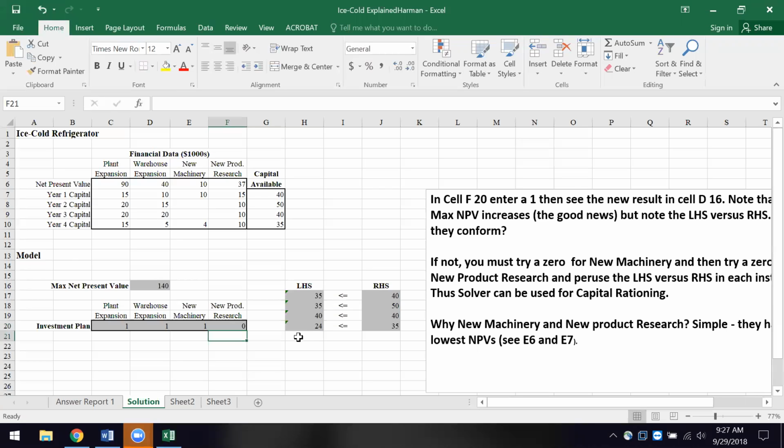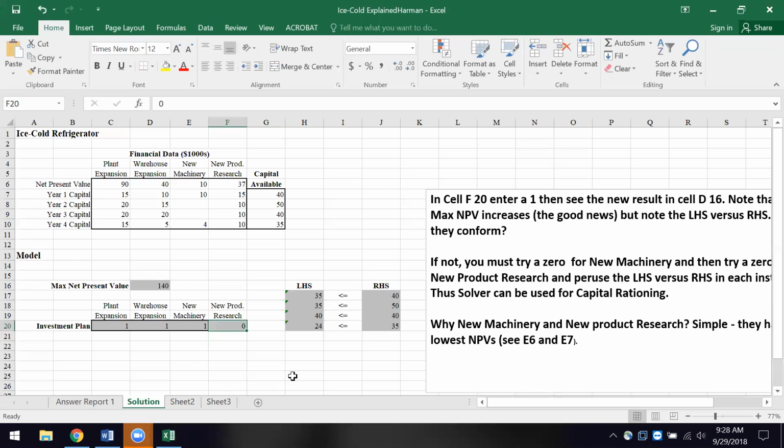And we can see some changes to the right-hand side. And we could use this in terms of what we call capital rationing. And we can run each of these.